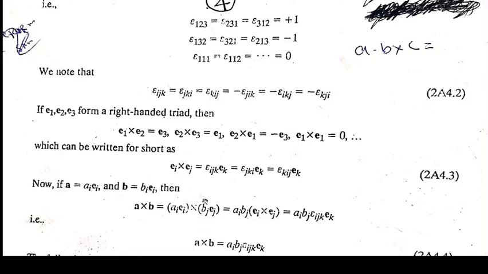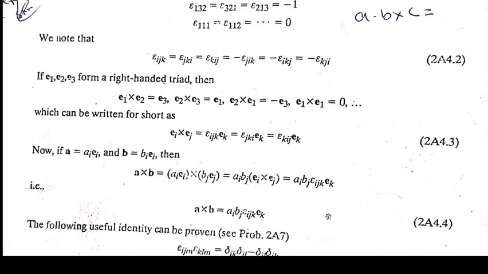Now, let's see A cross B. We will calculate A cross B. We have A and B as vectors, so we can write A is equal to Ai ei.